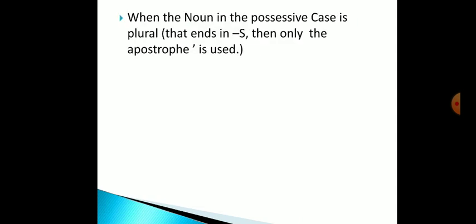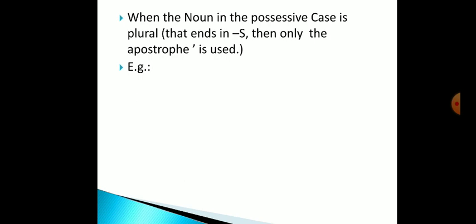Next, when the noun in the possessive case is plural and ends in s, then only an apostrophe is used in the sentence. As we know, when we are talking about plural, we cannot talk about only one person, one thing or one object.